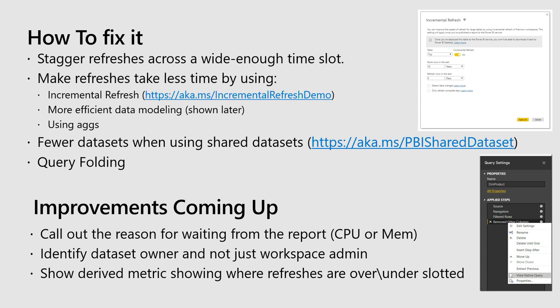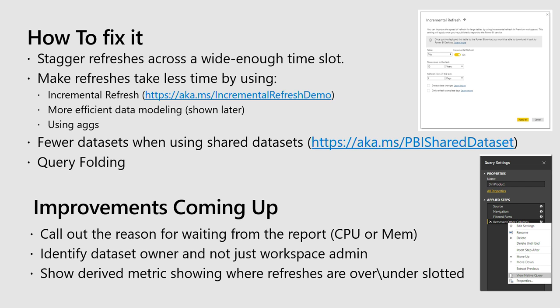I think one of the best improvements we're planning to deliver in this space is to show the capacity managers not just where queries are waiting, but also where refreshes are waiting, and to consider the refresh durations that are happening in every time slot.